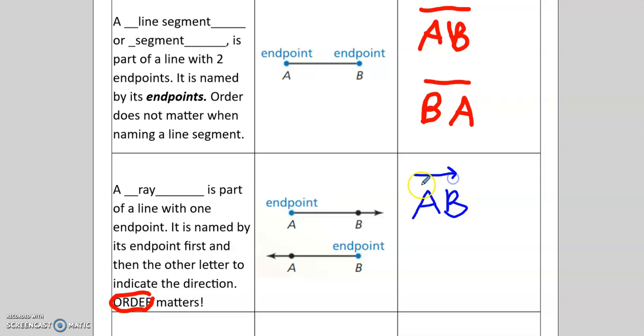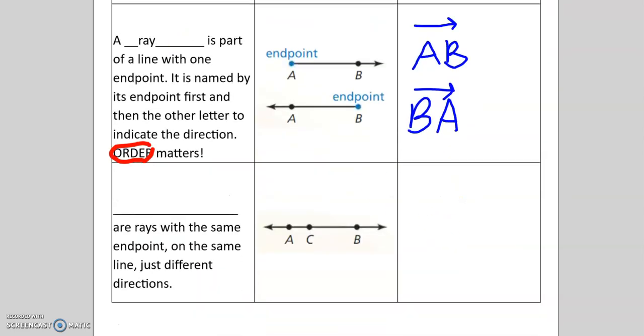It has a starting point, and then it goes on forever. This ray, I would write, it starts with my endpoint, it's B, and then it goes on forever in the direction of A, and it always just goes in that direction to the right. Okay, there's one notation. What changes is the letters. The letters are going to change, not the symbol.